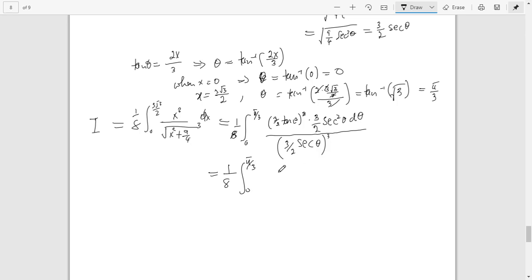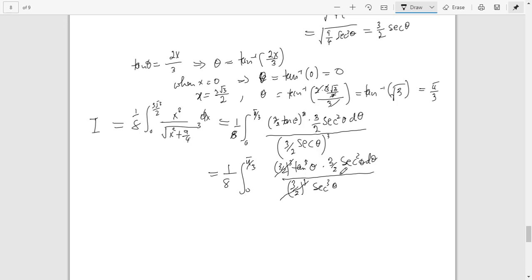So above, I'm going to have 3 over 2 to the power of 3 tangent cubed of theta multiplied by 3 over 2 secant squared of theta d theta, divided by 3 over 2 to the power of 3 secant cubed theta. So 3 over 2 to the power of 3 can cancel out with this. So the constant left here is 3 over 2. If I multiply that by 1 over 8, I'm going to get 1 over 16.